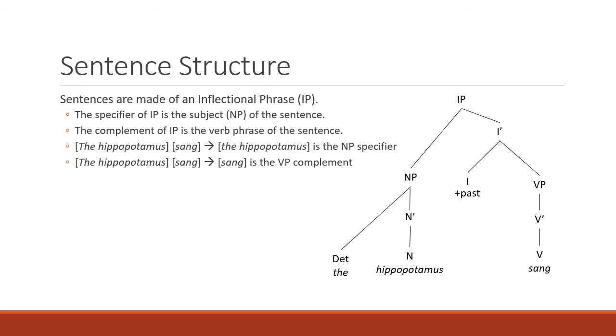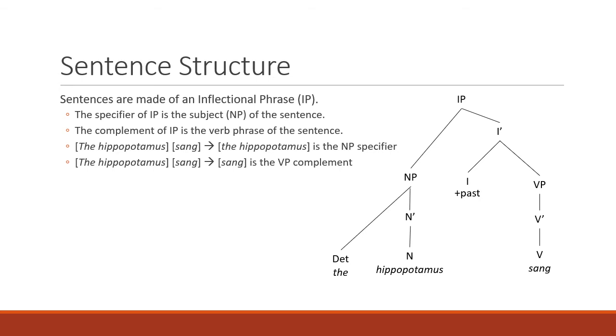So sentence is, and then sentence bar. So the sentence is going to have your noun phrase to the left, and then it's going to have your verb phrase to the right. The specifier of IP is the subject, the NP of the sentence. The complement of IP is the verb phrase of the sentence.